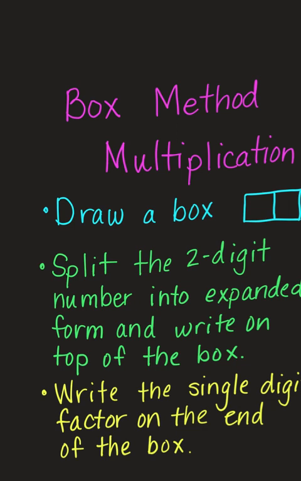So our steps listed out for the box method multiplication is you're going to draw a box, split the two-digit number into expanded form and write it on top of the box. Write the single-digit factor on the other end of the box.